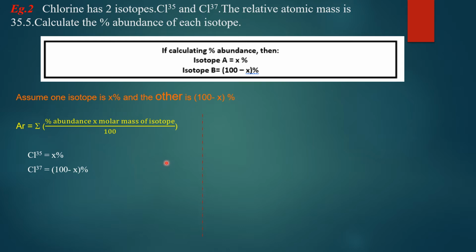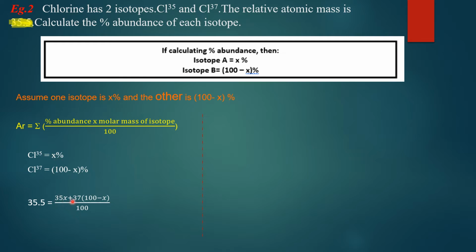So all we have to do is substitute these values in the equation given here. The relative atomic mass that is given is 35.5. That's the one that we are going to put here, is equal to chlorine 35, the mass is 35 and the percentage is X. So we multiply these two, which will give us 35X.